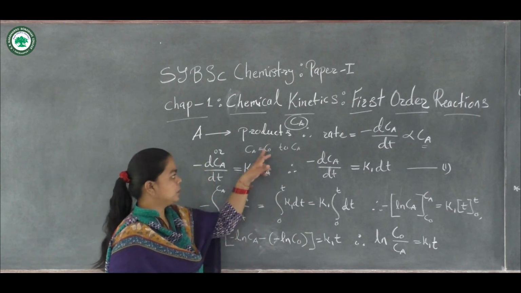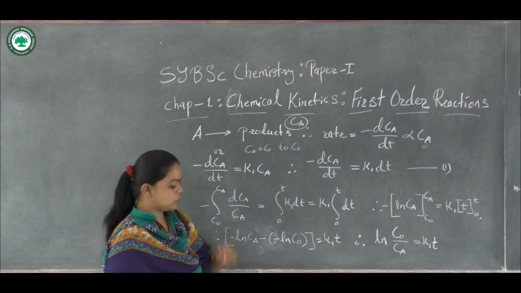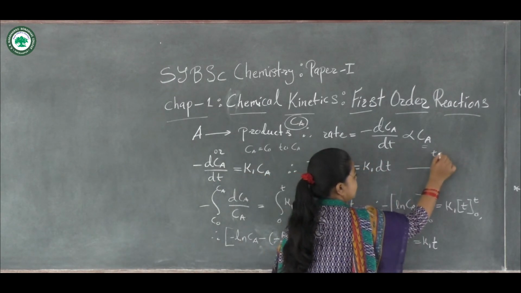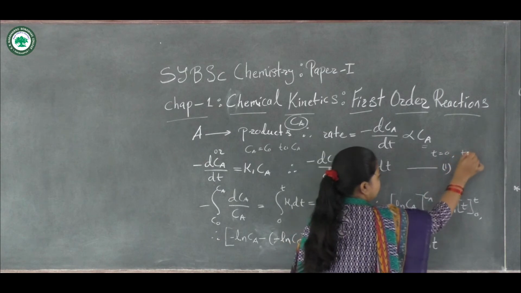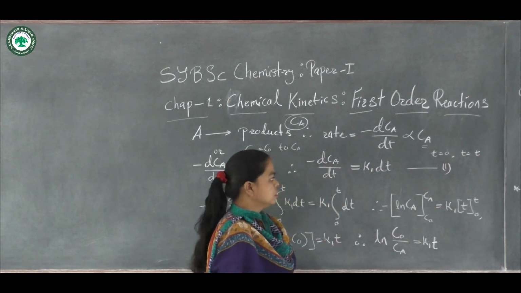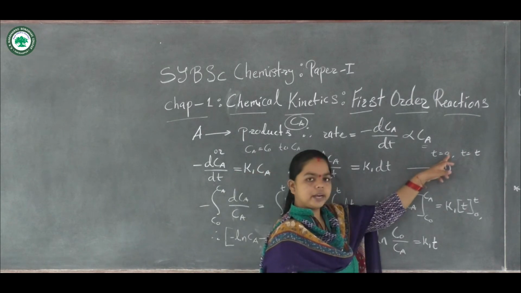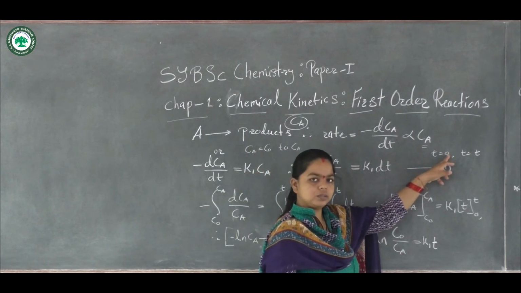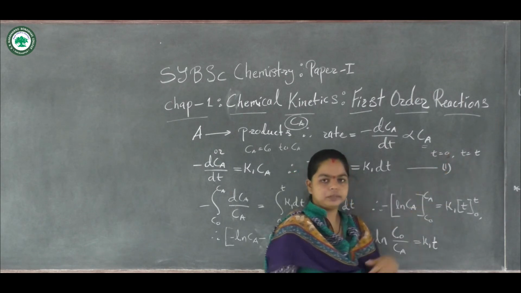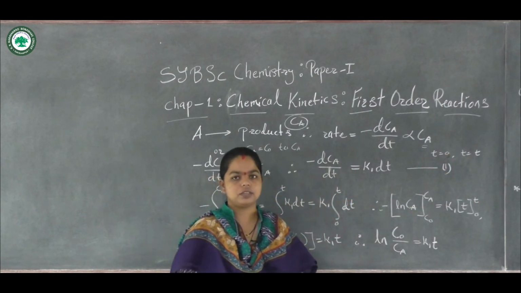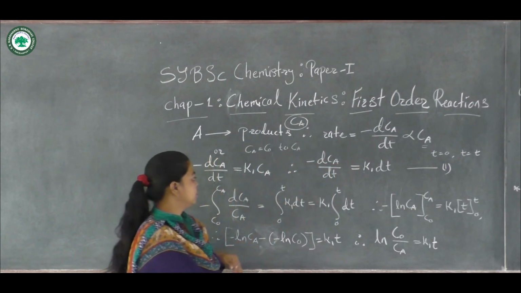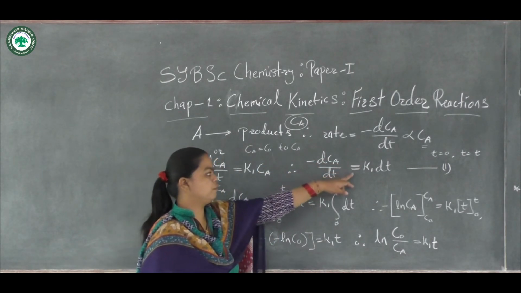For time t we can put the limits t equals 0 to t equals t. So t will be 0 at the initial stage of the reaction, and t will be the final time. So we can put these limits in equation first.